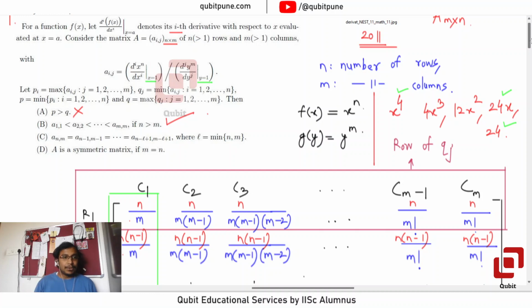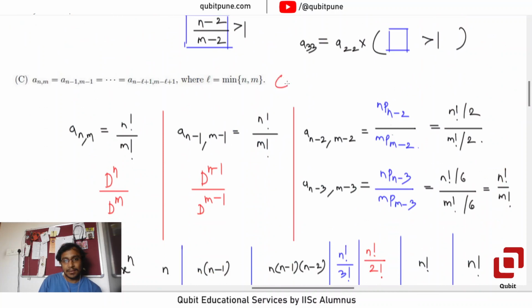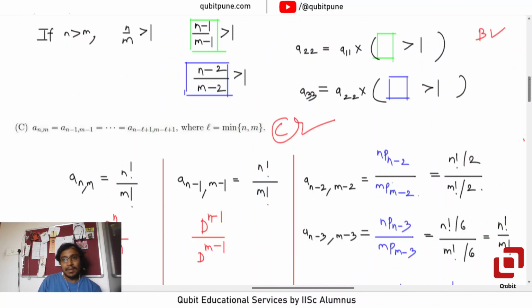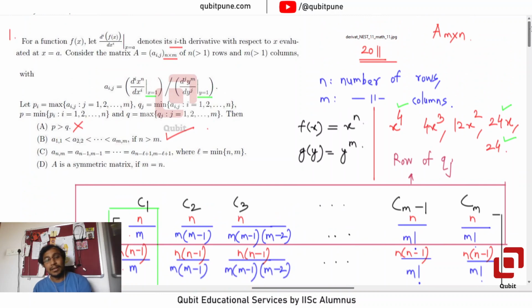Now let us come to option D. They are saying A is a symmetric matrix if M is equal to N. Now, look here. This can be proved very easily that it is not true.